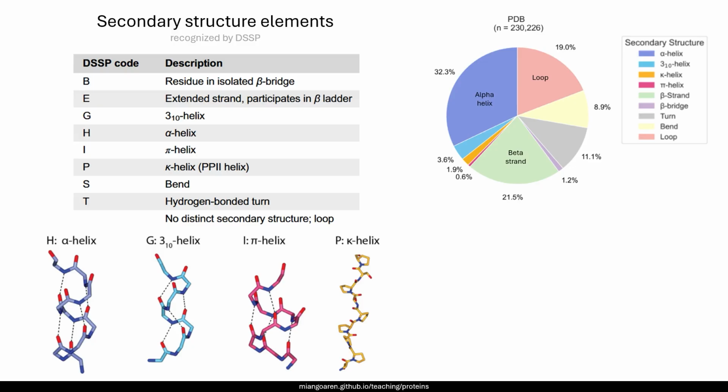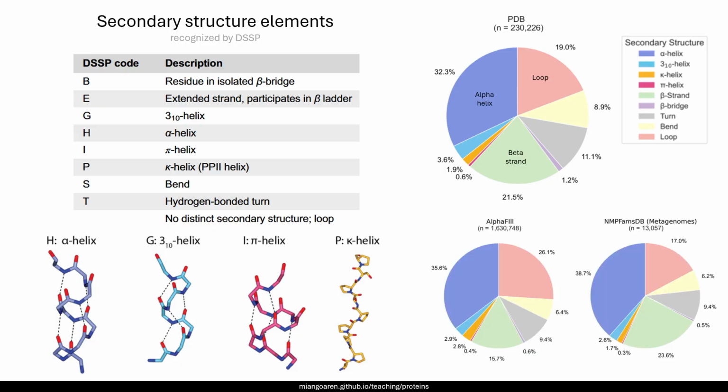What we observe is that, in general, the alpha helix, the turn regions, and the beta sheets are the most abundant, and that these other variants of helices are really not as abundant in the proteins that we have managed to investigate over several years of scientific research.